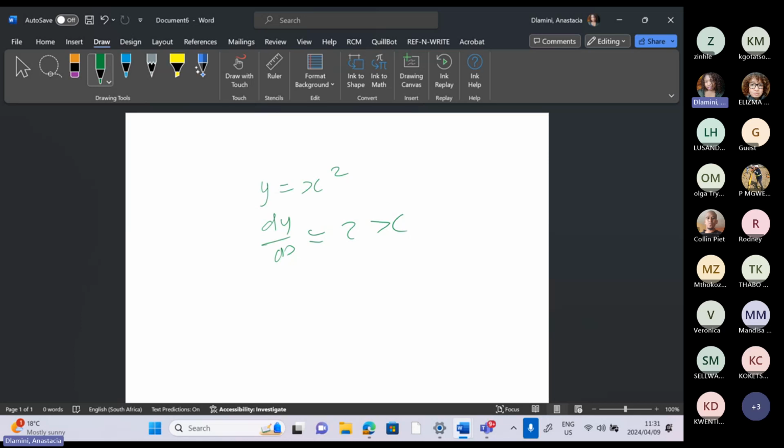Does it make sense? Yes, ma'am. Meaning that if you see something in your question that has an x to the power of y, or an x to the power of x, then you know you have to use logarithmic differentiation. Unless they tell you do not use logarithmic differentiation. I don't know how they want you to differentiate then. Are we all together? Yes, ma'am.